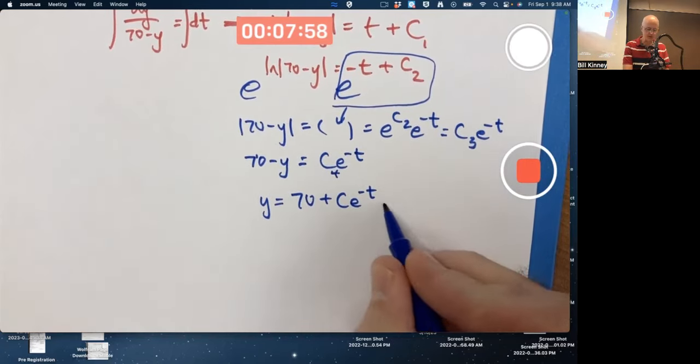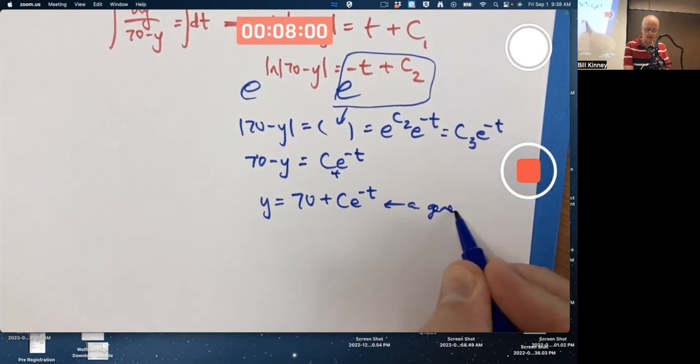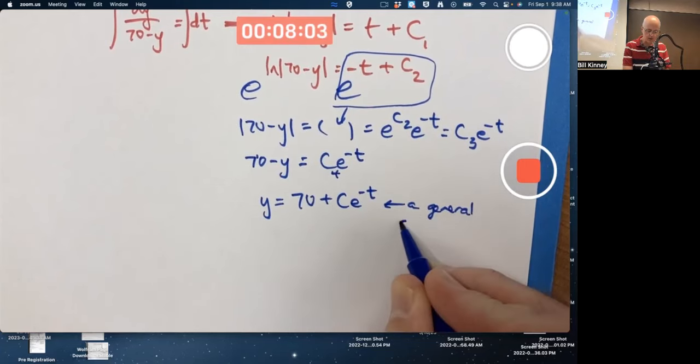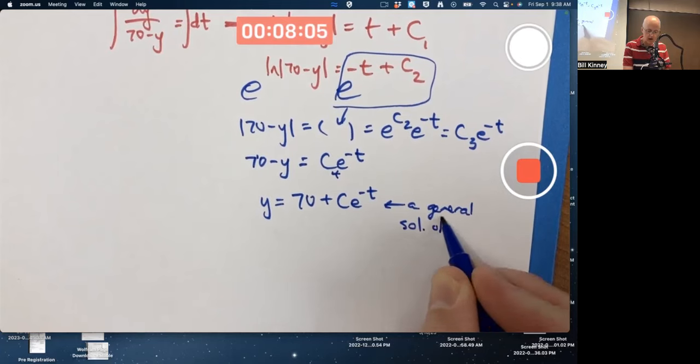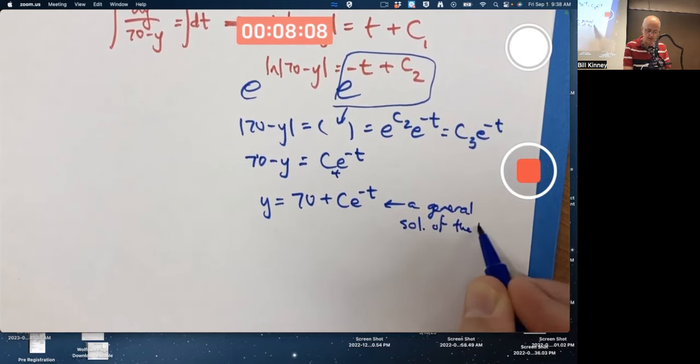That's a general solution of the differential equation.